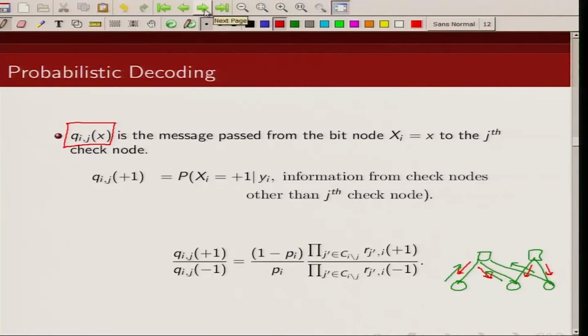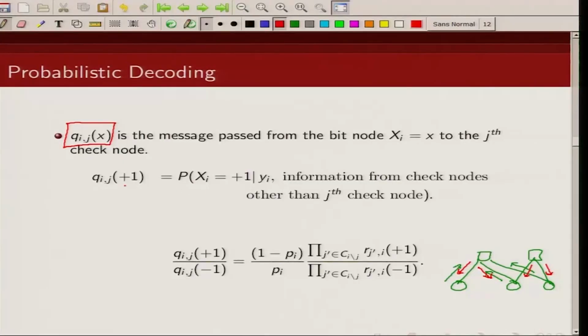Now, what is this Qij? It is the message passed from bit location i to the jth parity check node, and Qij being plus 1 is given by the probability that Xi is plus 1 given the received sequence Yi and information from parity check nodes other than the jth parity check node.